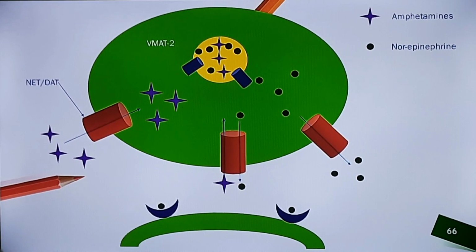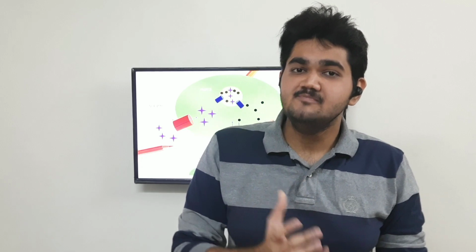Now when we were talking about displacement, let us understand what we mean by the concept of displacement. Let's suppose there is a class and in that class we have 100 students and for every student there is a proper bench. If 100 students are complete, that means 100 benches are occupied, and if 50 extra students come, what will they do? They will displace the students who are sitting.